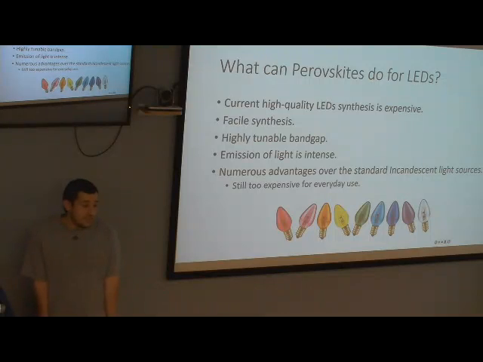Current LEDs are pretty expensive to create because they are made under extreme temperatures, while perovskites are usually done much more easily. You can buy the precursors. One of the easiest methods to make them is just drop casting. It's literally just buying the precursor and dropping it onto your material.